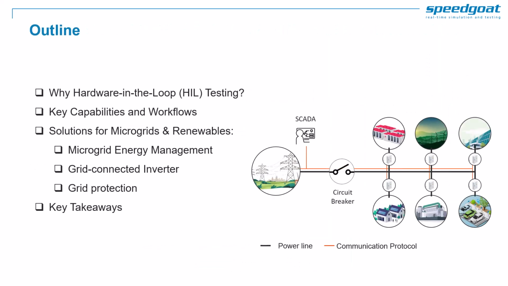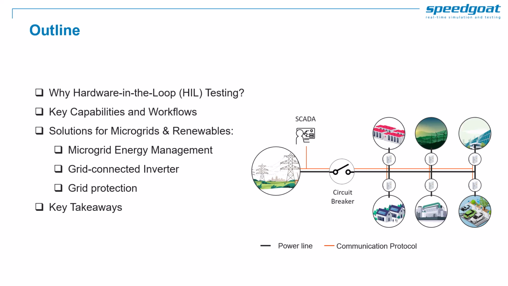Before we dive deeper into the solutions and go into the details of the webinar, let's review the agenda together. First, I will motivate why hardware-in-the-loop testing, or HIL testing in short, is key. Then I'll introduce our solution's key capabilities and workflows. Then I will transition to Manuel and he will present specific testing use cases with Simulink hands-on demos leveraging Speedgoat test systems.